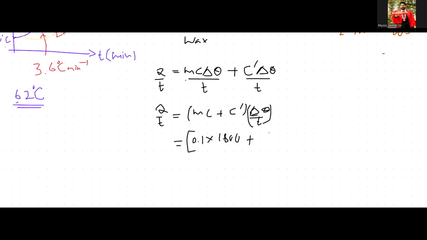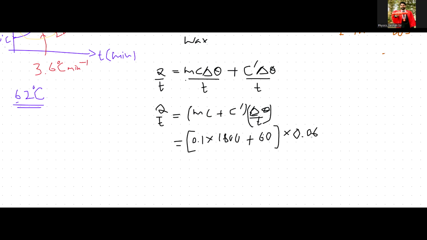Then instead of this one, I can write 0.06. That value of delta theta over t I got from that one. It is 0.06, so I just have to multiply it by this one.